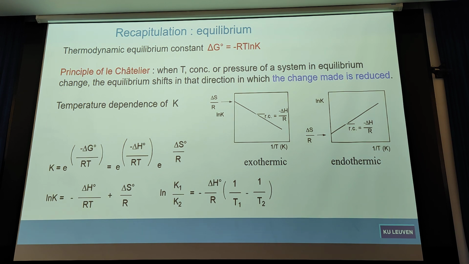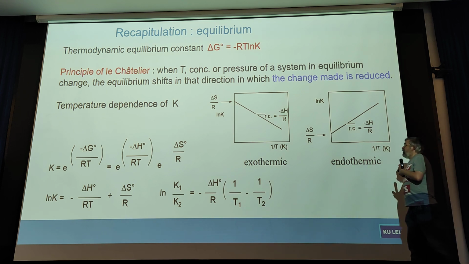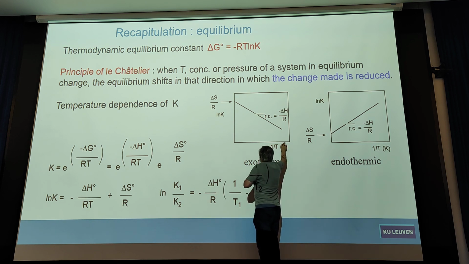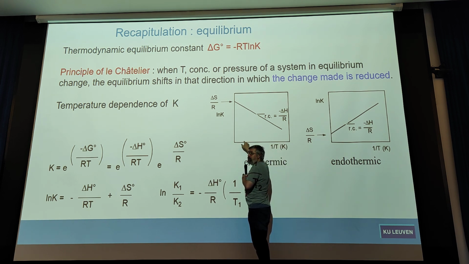And this we can actually see in curves that show the temperature dependence of K as a function of 1 over the temperature. And you can see that for exothermic reactions, so this is cold, this is hot parts.